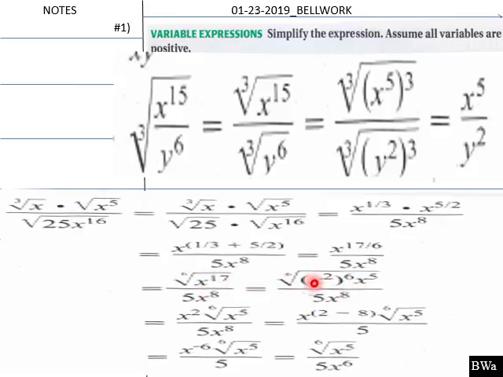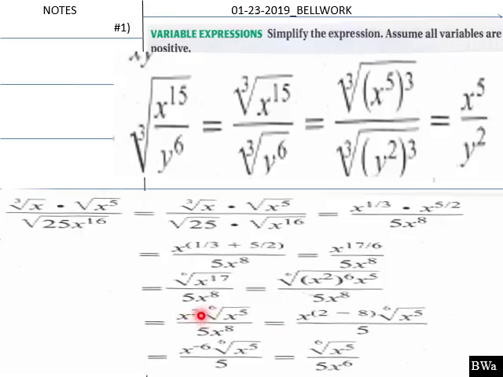And then it's to the 6th power, so we factor out a 6 from our 17, times this x squared to the 6th power, x to the 5th. And then those cancel, your radical goes away. We have x squared now times the 6th root of x to the 5th over 5x to the 8th.